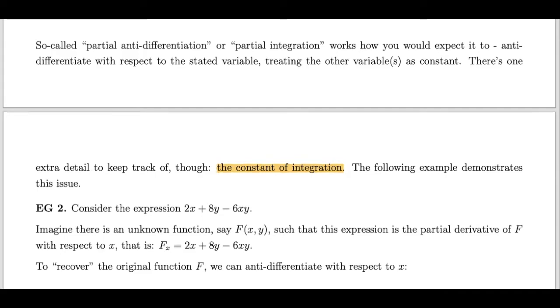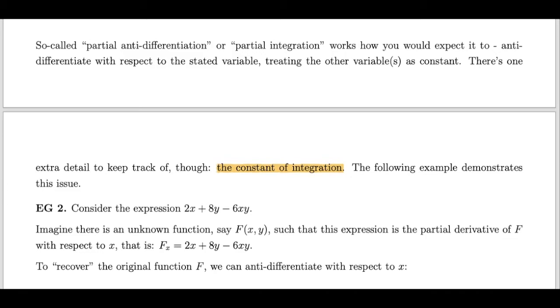So typically when we anti-differentiate a function, we're accustomed to adding a plus c at the end to account for the fact that the antiderivative could have a constant at the end. The way that plays out when we're dealing with partial derivatives in functions of multiple variables is a little tricky.